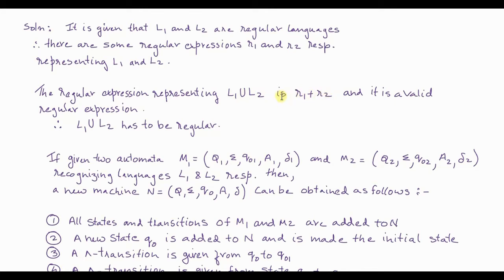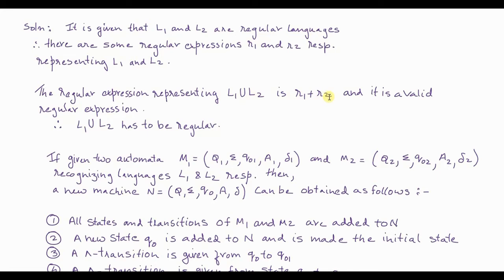Because we have already seen in the first unit that whenever a regular language is converted to a regular expression, all the curly brackets are converted into parentheses, wherever there is a comma it is written with plus, and also wherever there is union we replace union with plus. So language L1 has a regular expression R1, language L2 has a regular expression R2, so L1 union L2 can be represented as R1 plus R2.